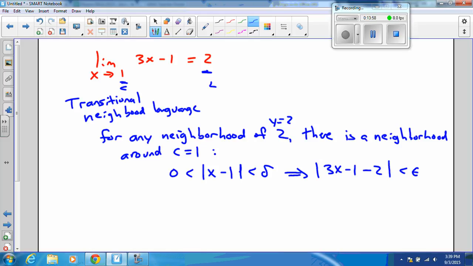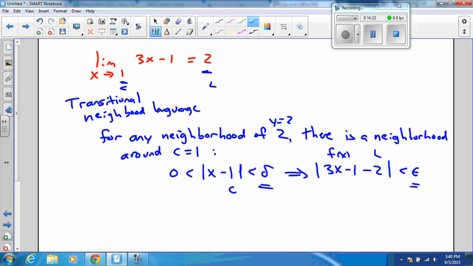Notice the roles that are played here. We've got our f of x right there. We've got our L right here. And we have our c right there. And the delta and epsilon are the radii of the neighborhoods around c equals 1 and L equals 2, respectively.